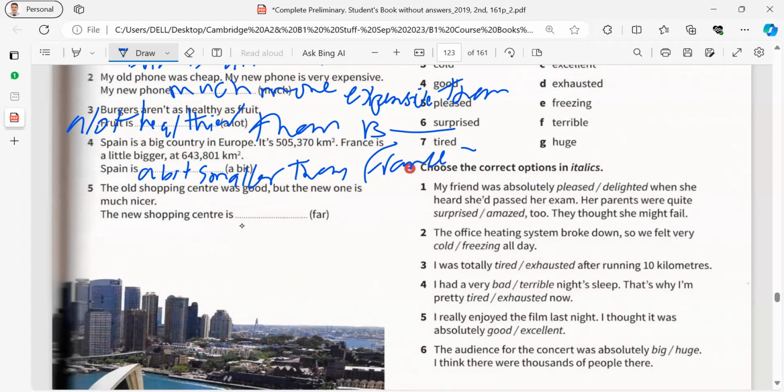The old shopping center was good, but the new one is much nicer. The new shopping center is far nicer than the old one, right?